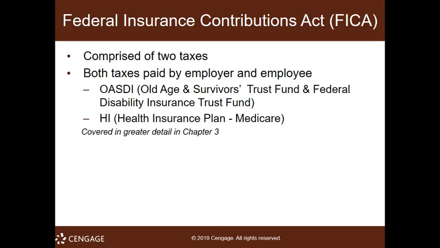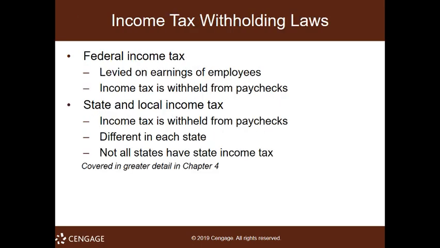These are covered and paid by both employer and employee. These taxes have been in place for a significant amount of time, and they both have a different threshold. These are not taxes that you can avoid if you are self-employed. And we go into much greater detail on this in Chapter 3.